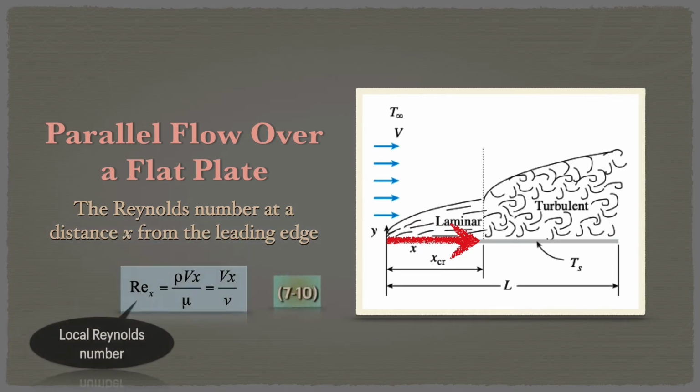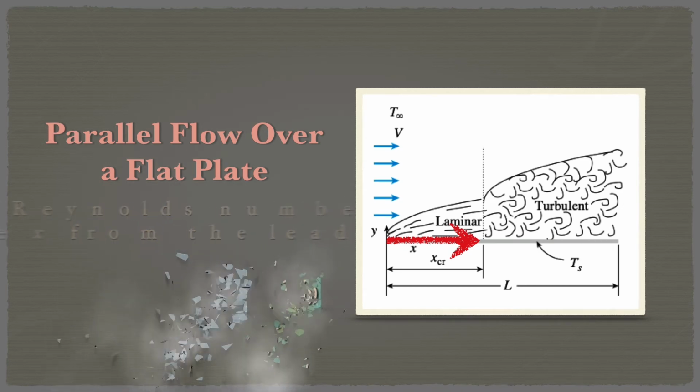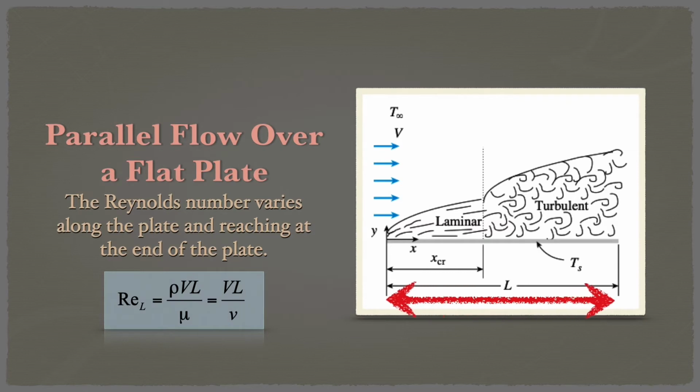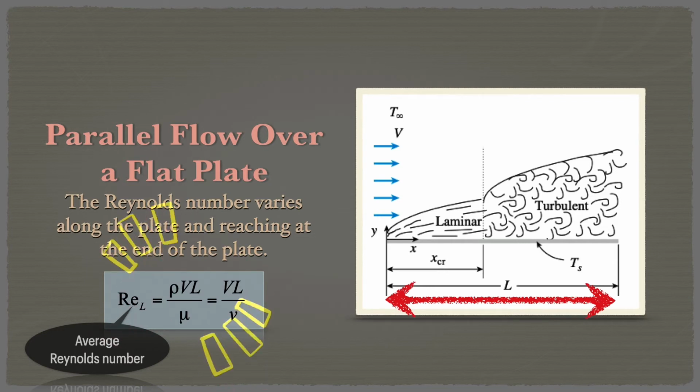The Reynolds number at a distance x from the leading edge of a flat plate is expressed in equation 7.10. Note that the value of the Reynolds number varies for a flat plate along with the flow, reaching the given form at the end of the plate.